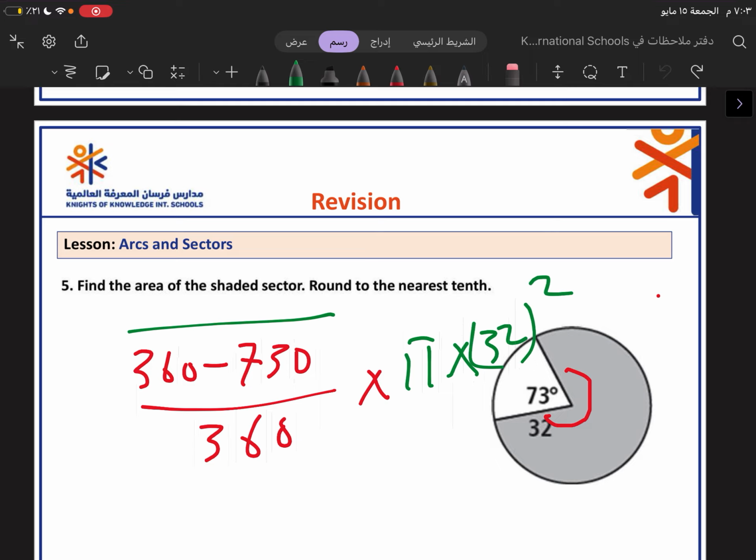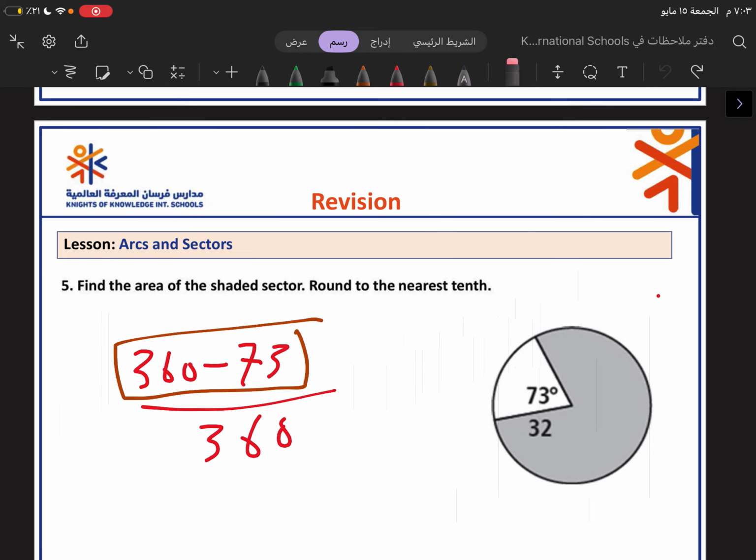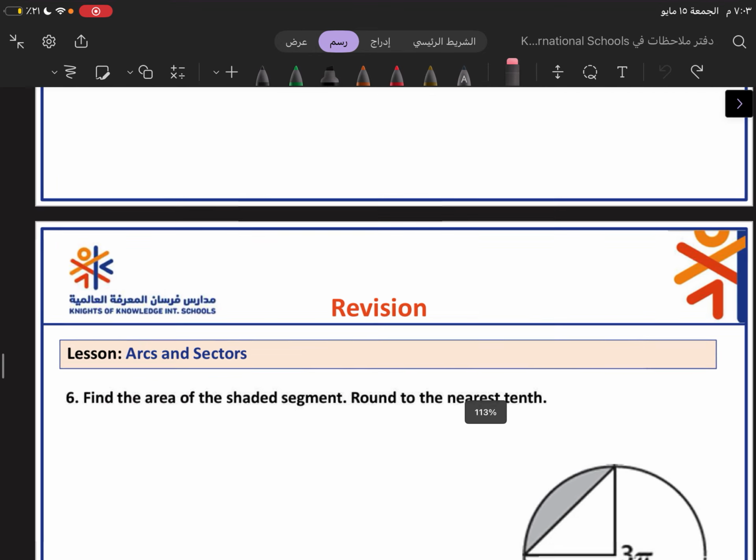This is 73, not 730. Why do I do this? Because he asked me about this sector. If he asks me about this sector, I will put 73 directly.